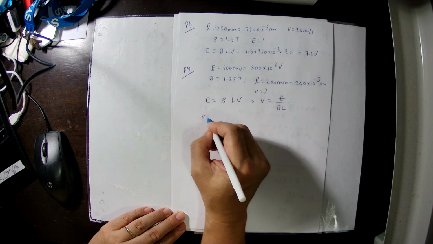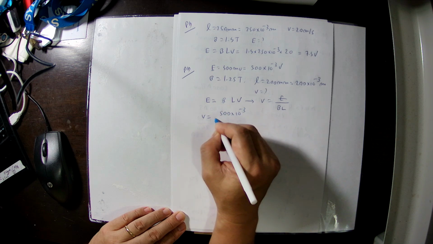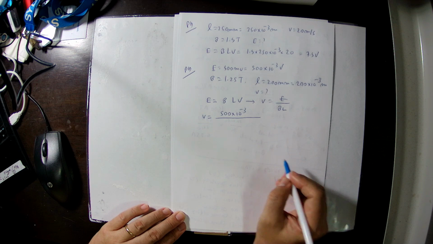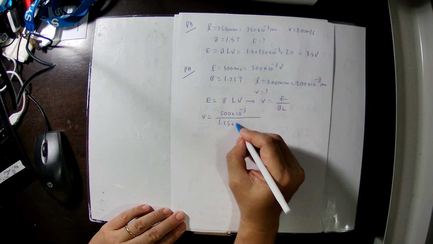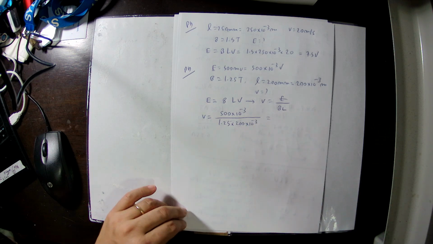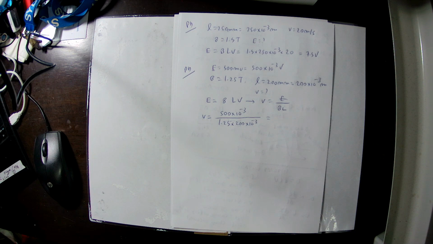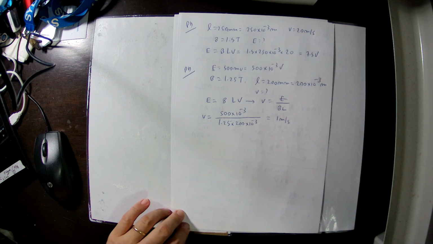So V equals 500 into 10 power minus 3, divided by B of 1.25 and length of 200 into 10 power minus 3. So that will be 2 meter per second. So this is the velocity we calculated.